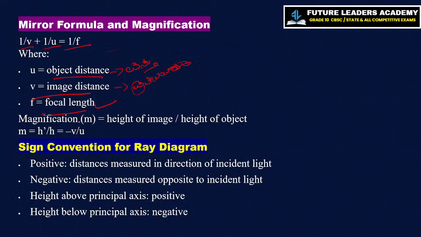So the magnification formula in the mirror is M is equal to height of the image divided by height of the object. That is what I had given here.